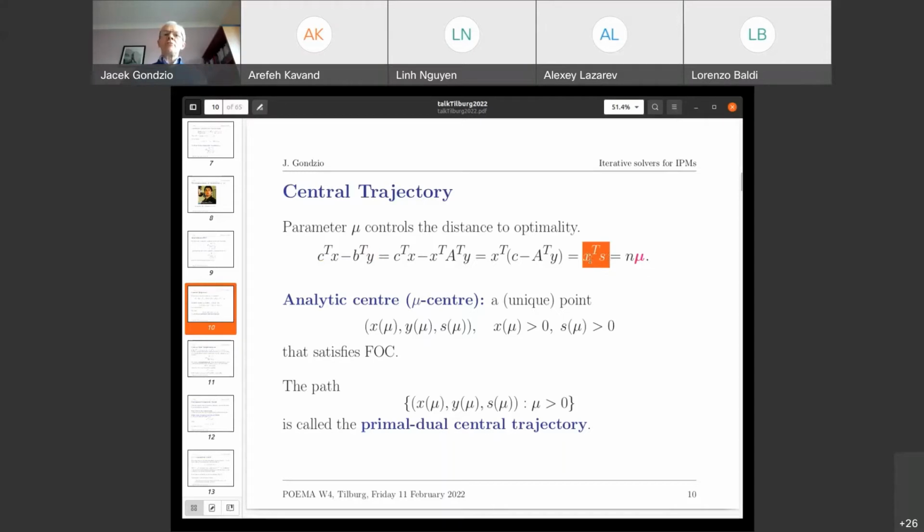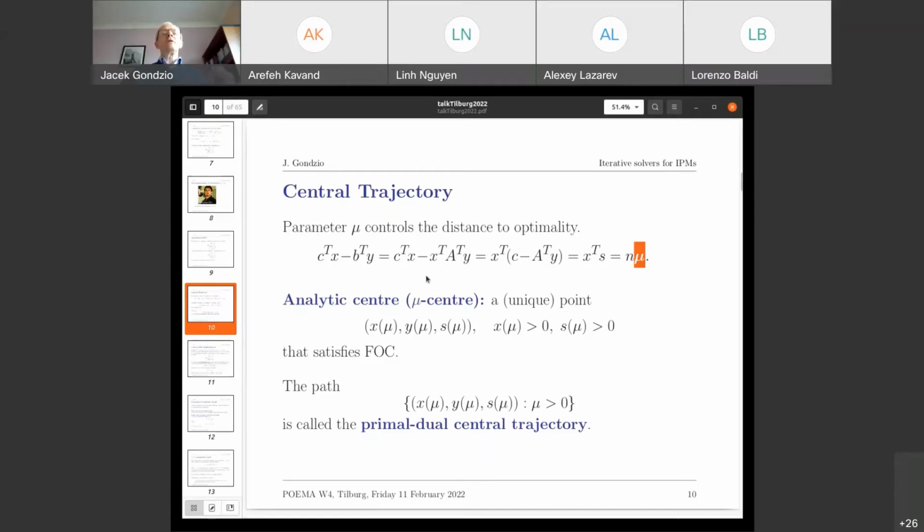And because every product xj sj is equal to μ, and we have n such products, then the scalar product, the full complementarity product, will just be equal to n times μ. So from here, you also immediately notice that reducing the barrier term μ would also mean closing the duality gap in linear programming. This would mean that if μ goes to 0, then the minimum of the primal gets close to the maximum of the dual. So we find the optimal solution.